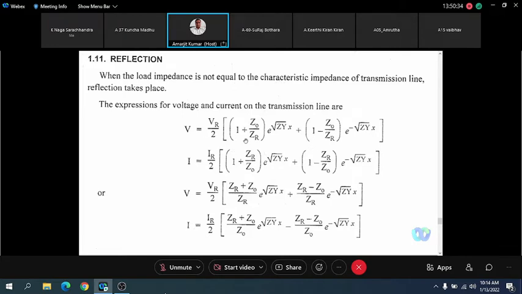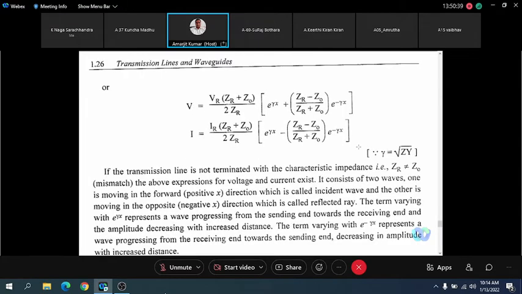So ZR minus Z0 divided by ZR plus Z0, where ZR is not equal to Z0. So here we are seeing that we have two waves. One is the incident wave and the other is the reflected wave. e raised to the power γx plus reflection coefficient into e raised to the power minus γx.